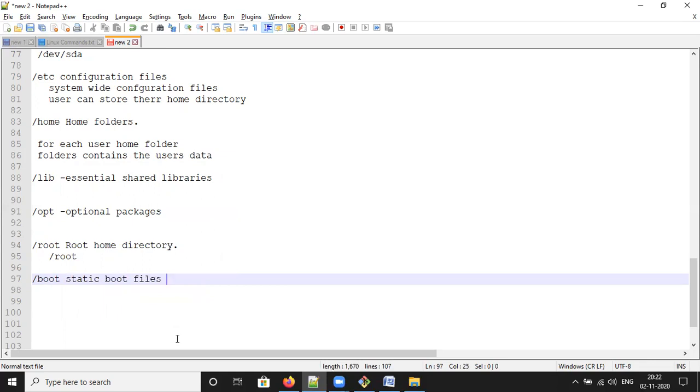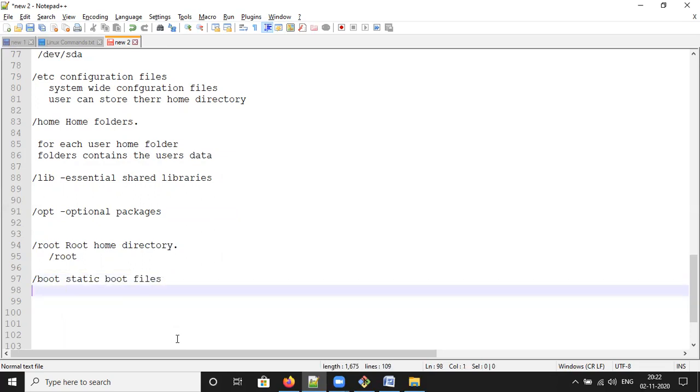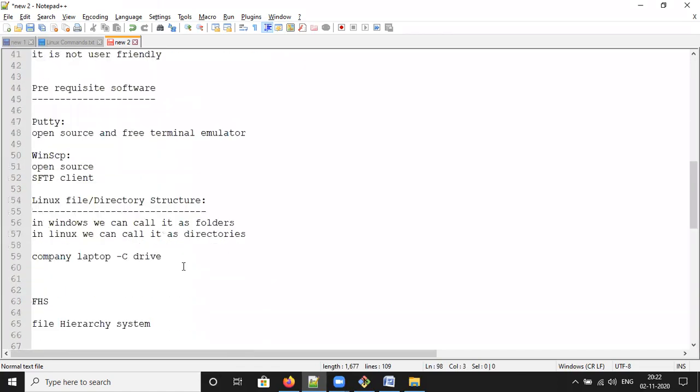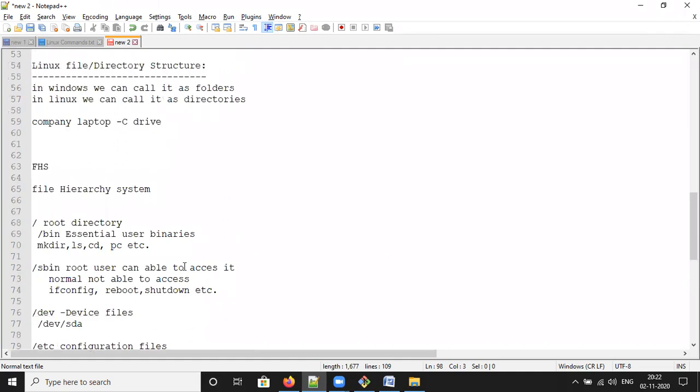The files needed to boot the system, for example GRUB boot and the Linux kernel, are stored in the /boot directory. This kind of stuff is all stored in /boot. So these are the Linux file structure or directory structure.